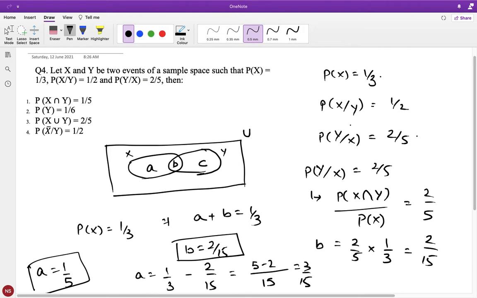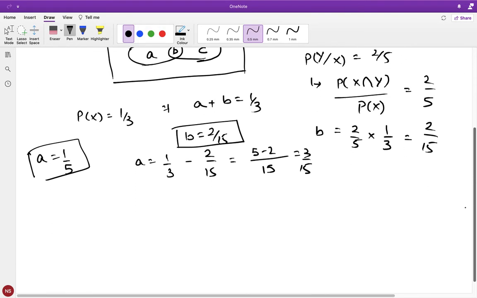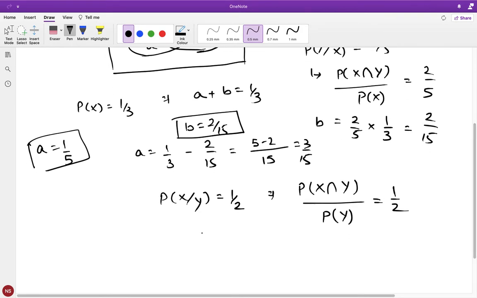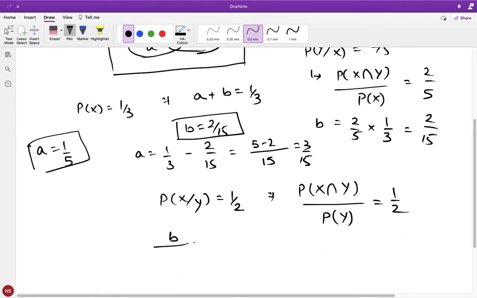So P of X given Y is also there, which is half. This implies P of X intersection Y divided by P of Y is equal to half. Now P of X intersection Y is B, and P of Y is B plus C, which is given to me as 2.